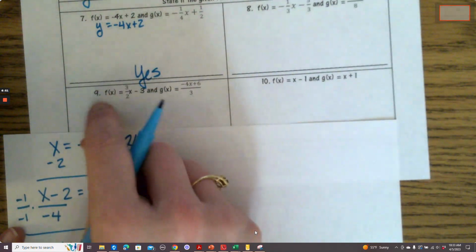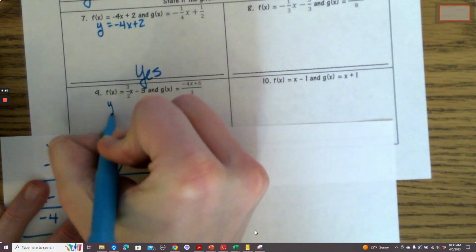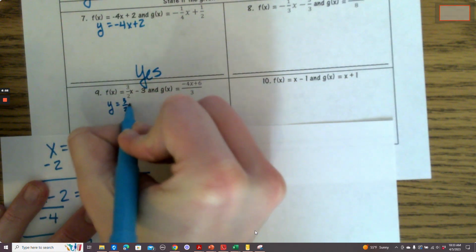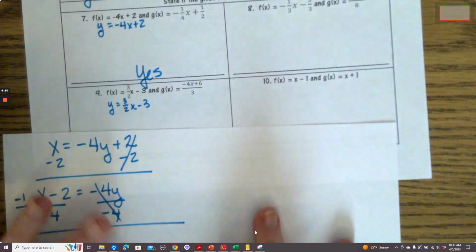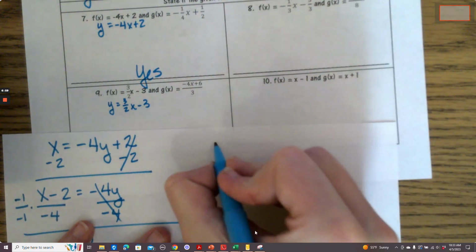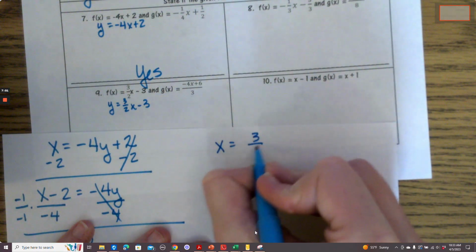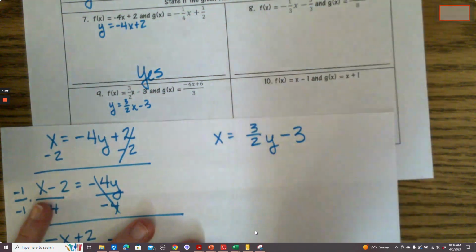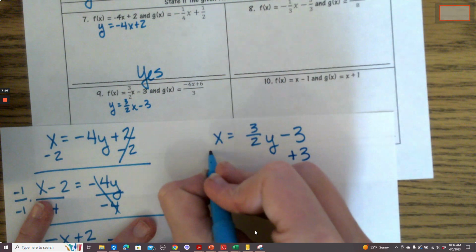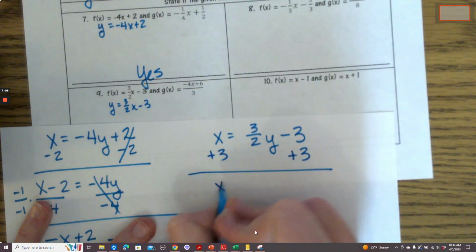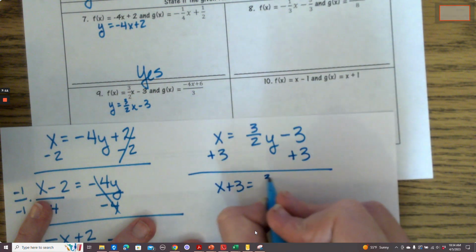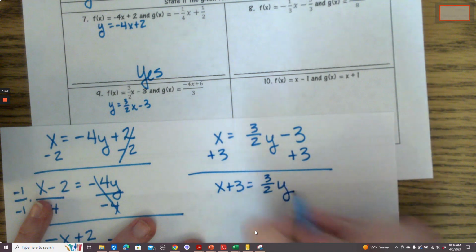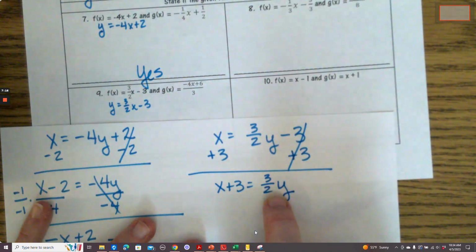All right, so 9 would be y equals 3/2 x minus 3. So I'm going to flip: x equals 3/2 y minus 3. I'm going to add 3. So x plus 3 equals 3/2 y. Anybody know how to get rid of that?